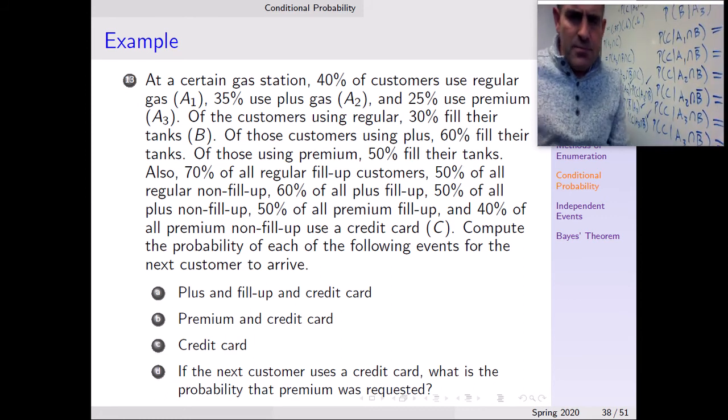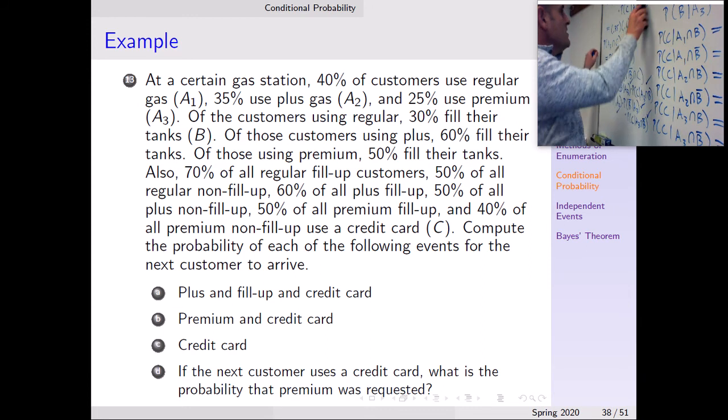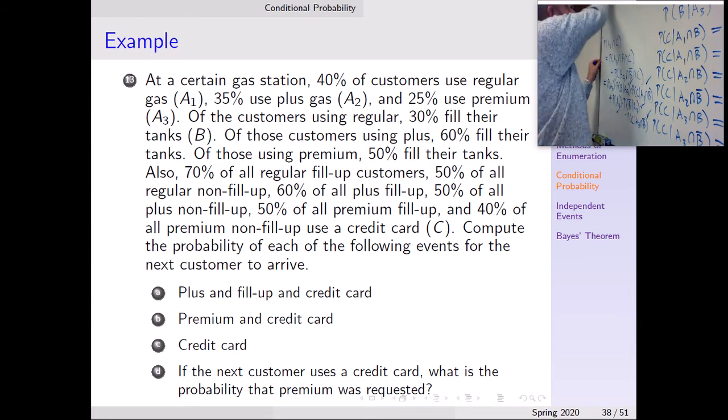Well, I can split that up over whether they are a regular customer or a plus customer or a premium customer. That is the probability of C, okay? Let me just erase this and I'll write it right up here.